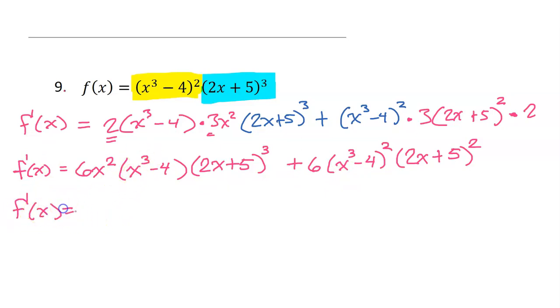So I notice that we have a 6 in each term. So I'm definitely going to pull out a 6 as part of my GCF. I also notice that we have x to the third minus 4 in the first term, and we have x to the third minus 4 in the second term, squared.